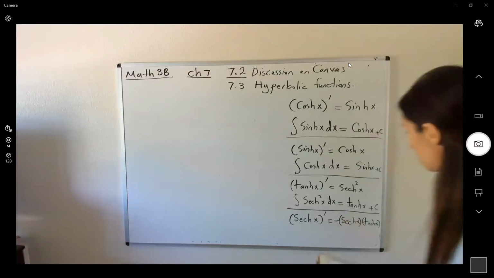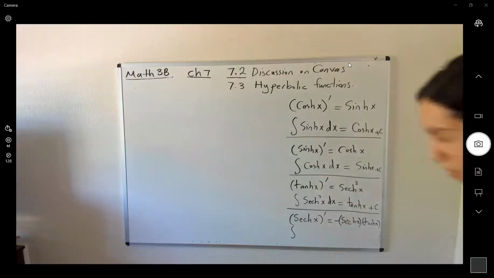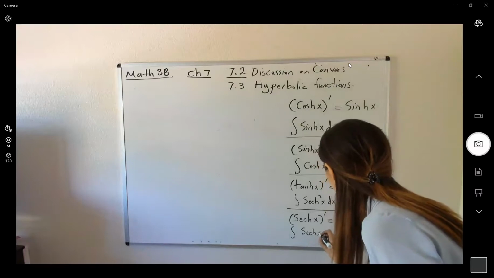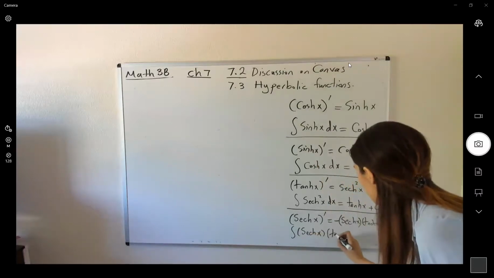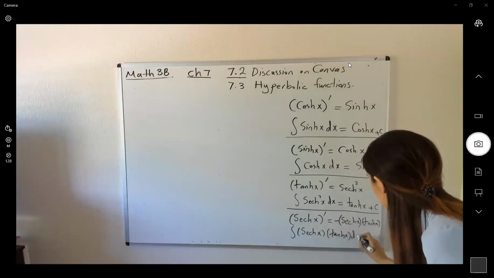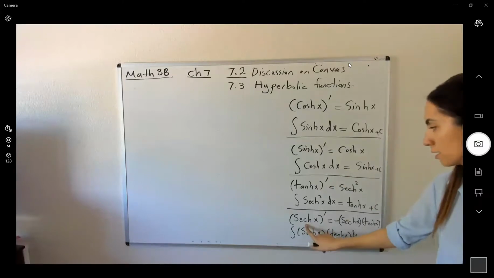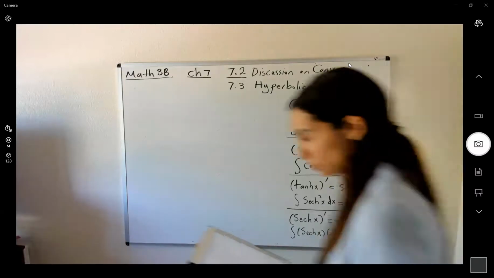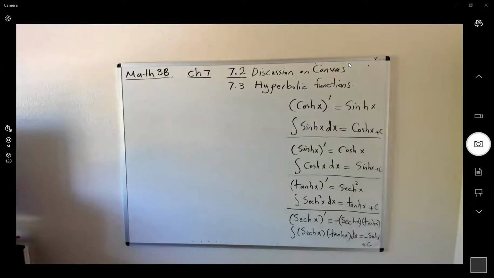So when you take the integral of hyperbolic secant tangent dx, it is minus hyperbolic secant, plus the constant of integration. Important formulas. You can prove all of these using the exponential definition.